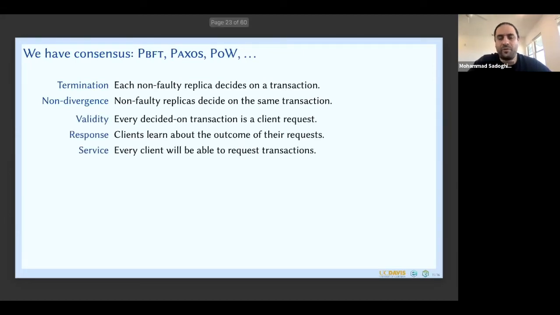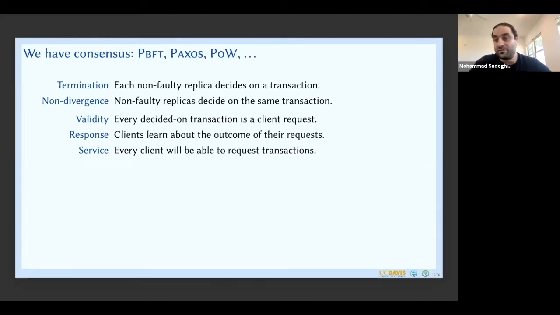There are other formal definitions you could add. Validity: a transaction added to the ledger is actually a real transaction that was requested by a client, which can be determined by the client having signed the transaction, so the authenticity of the transaction can be verified.